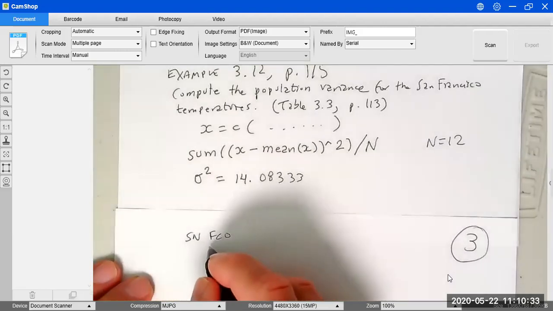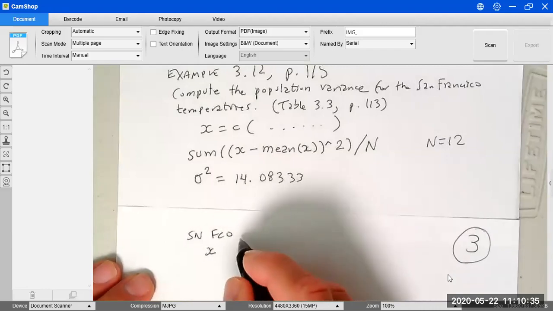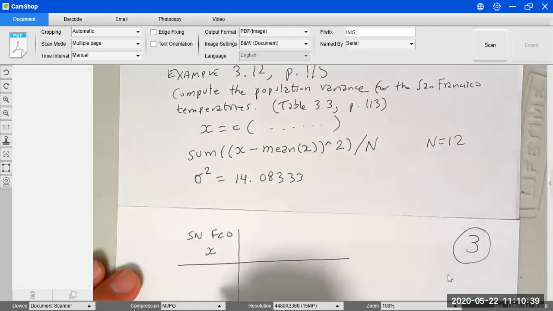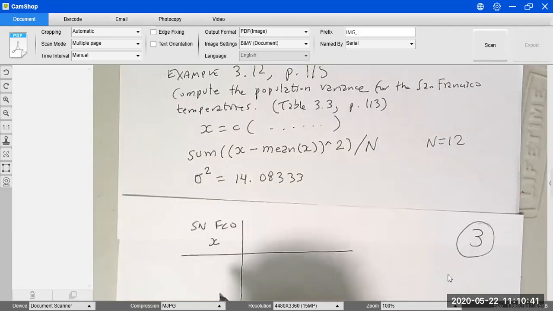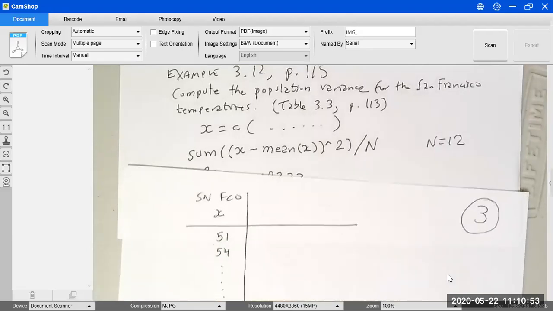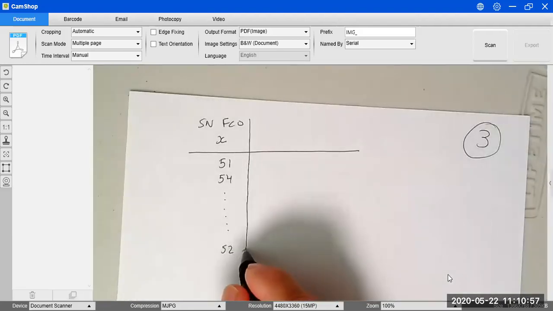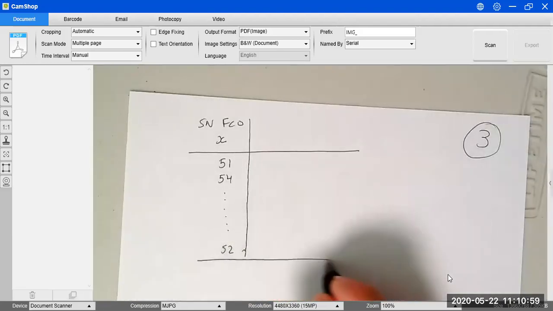Let's say this is going to be my X. The first value is 51, then 54, and the last value is 52. So there are 12 temperature values.